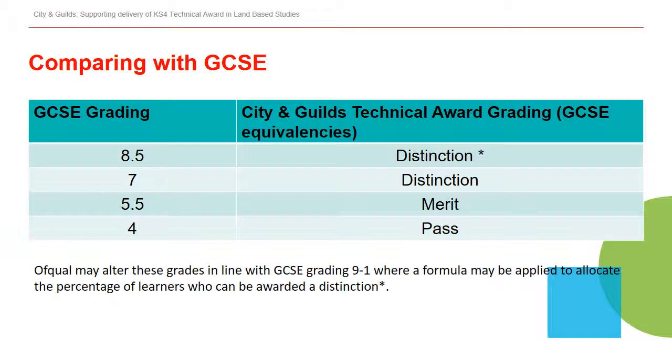So for example, distinction star on your performance tables will be worth 8.5 points. A distinction is worth 7 points, a merit is worth 5.5 points, and a pass is worth 4 points. Ofqual may adjust or alter these grades in line with any alterations to GCSE grading, or where a formula may be applied to allocate the percentage of learners who can be awarded a distinction star.